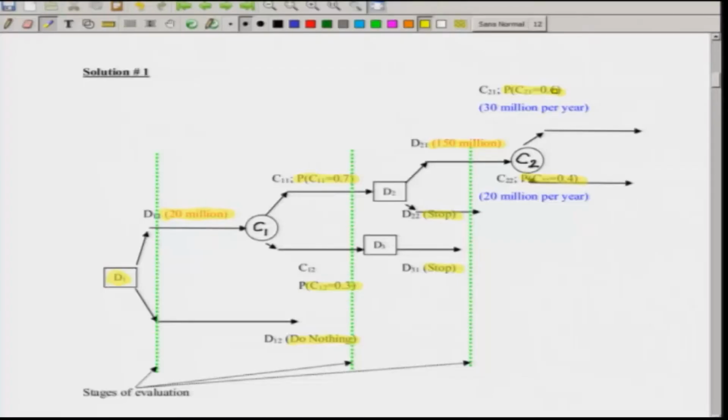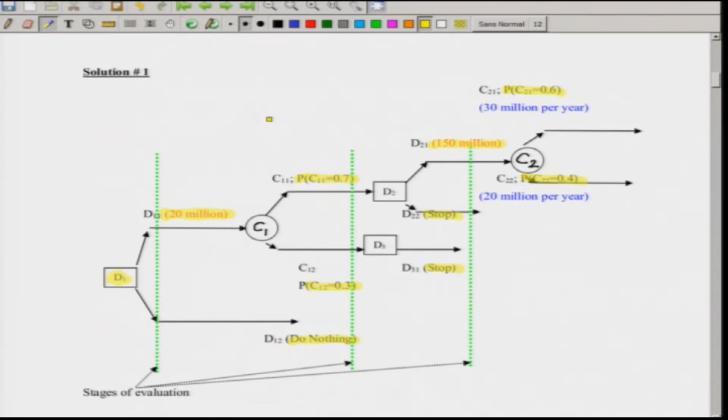We are starting from D1, 20 million we are investing, and then there is a probability of good business, bad business, 70%, 30%, 30% we do not do, 70% we do. That means, again we invest 150 million to build the actual plant, high demand, low demand being 60% and 40%, amount of money coming is 30 million per year for 20 years, and another case being 20 millions per year for 20 years.